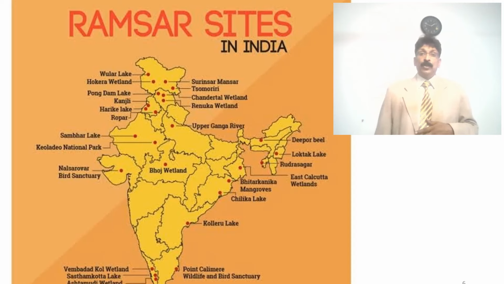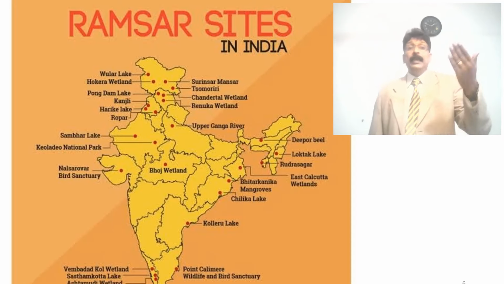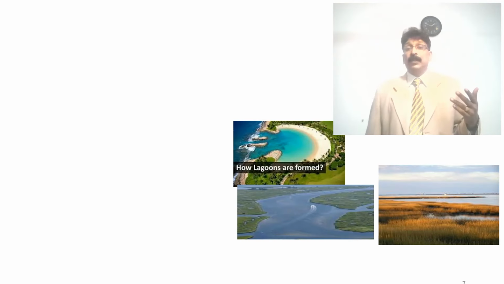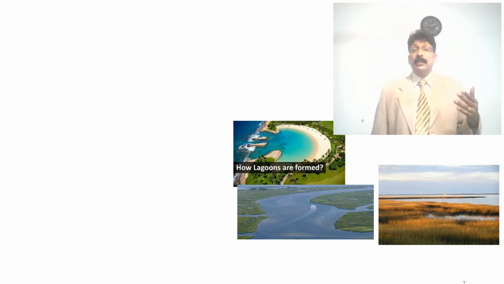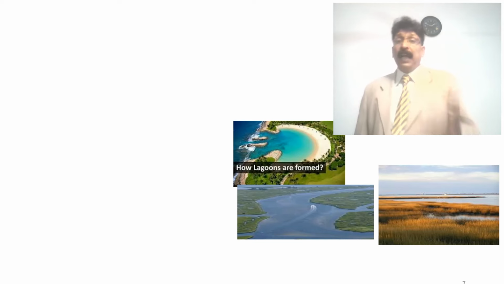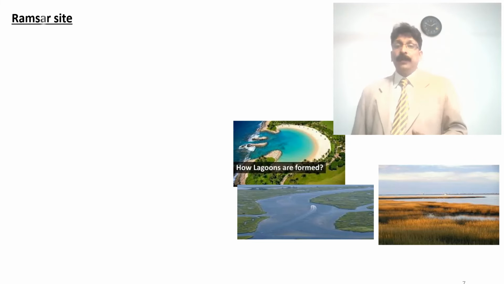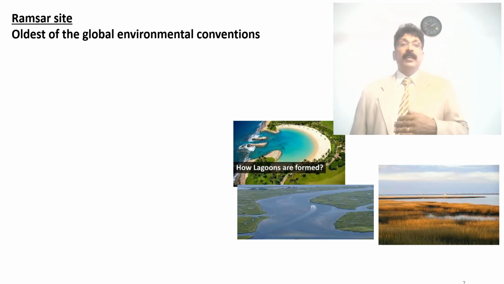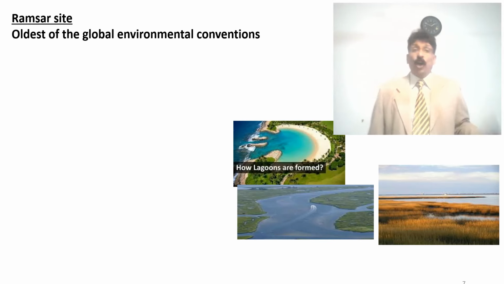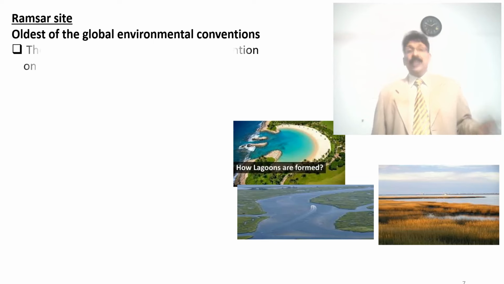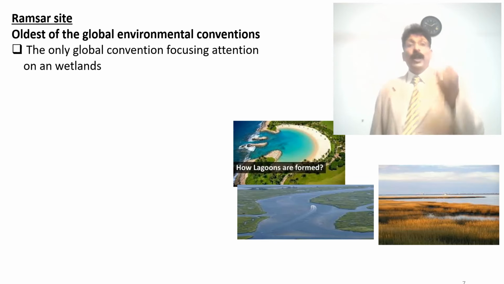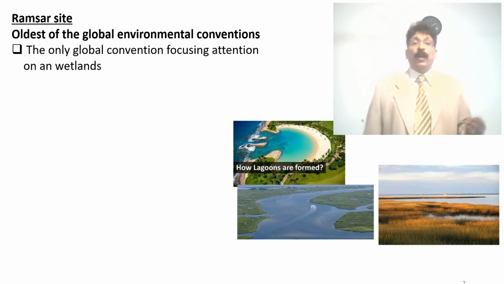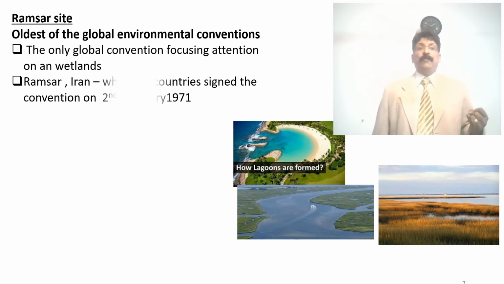So in Kerala we have three Ramsar sites. Ramsar sites are mostly lagoons, backwaters and wetlands like the pictures I showed, naturally available. It is one of the oldest of the global environmental conventions, the only global convention focusing attention on wetlands.